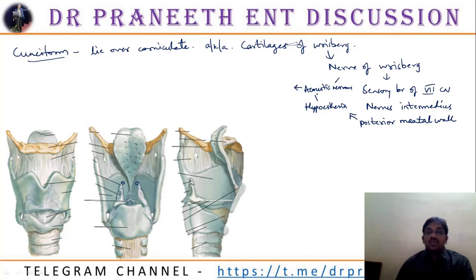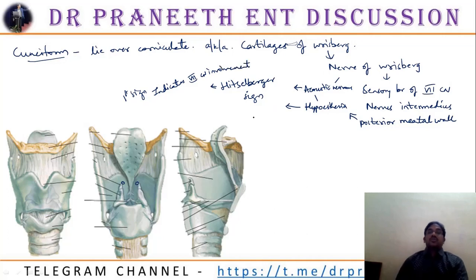The acoustic neuroma tumor compresses this nerve and causes hypoesthesia of the posterior meatal wall. That sign is called Hitzelberger sign. This is the first sign that indicates facial nerve involvement in case of acoustic neuroma.